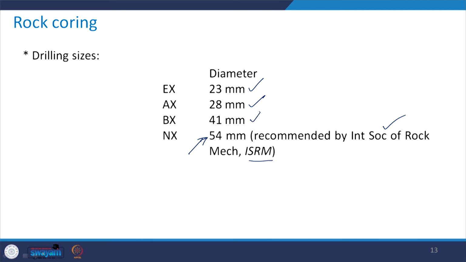EX has a diameter of 23 millimeter, AX is 28, BX is 41 millimeter, NX is 54 millimeter. One needs to use a 54 mm diameter specimen, which is NX size. From now onwards, if I say NX, immediately you should get the idea that I am talking about a specimen having a diameter of 54 mm.